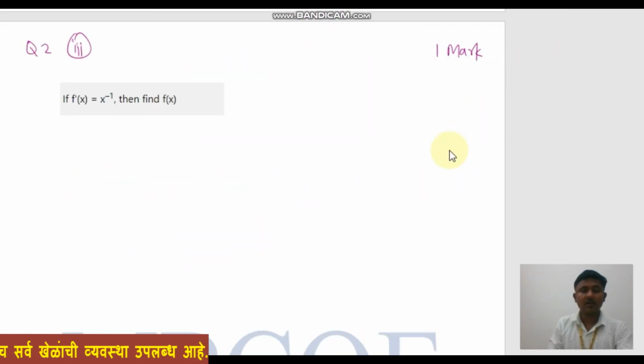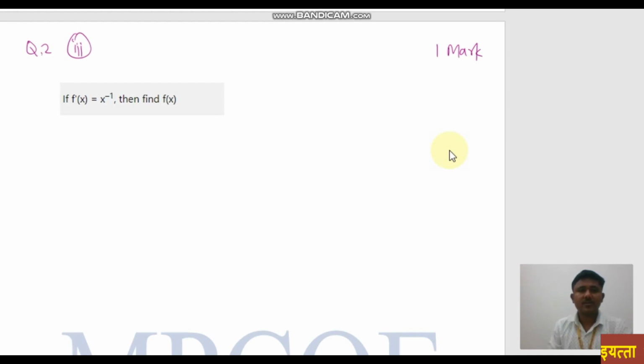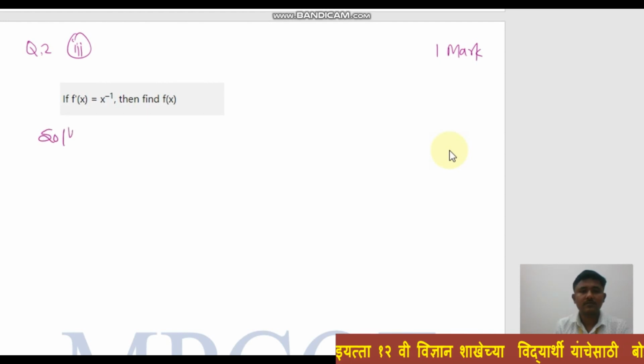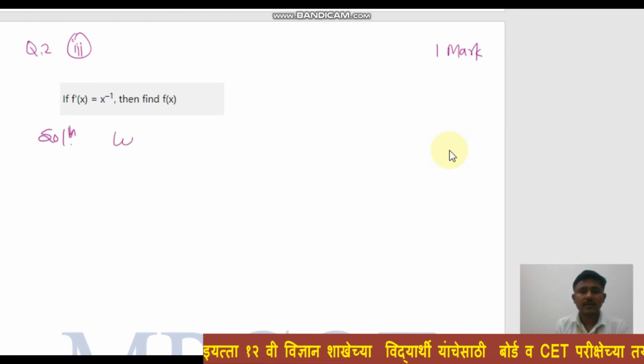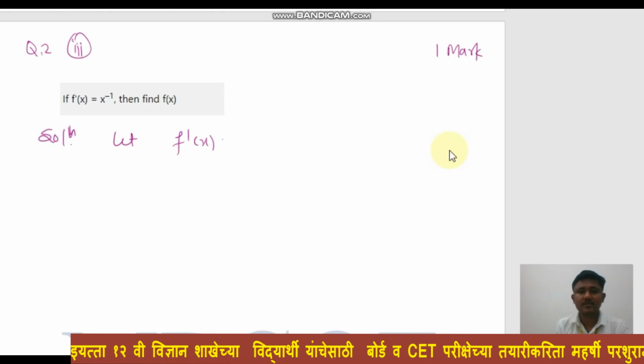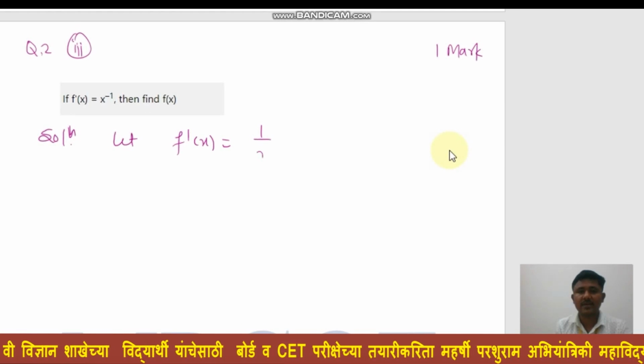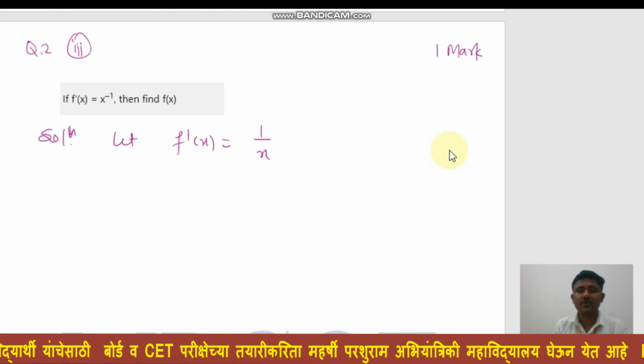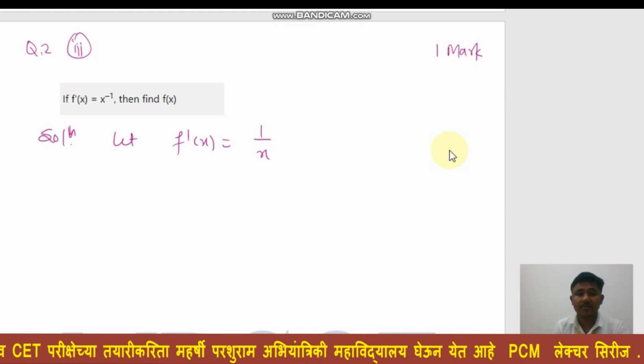So we will solve question number 2, sub question 3. If f dash of x is equal to x inverse, then find f of x. The solution: let f dash of x is equal to x inverse, meaning 1 upon x. So that is given to us, and we want to calculate f of x.